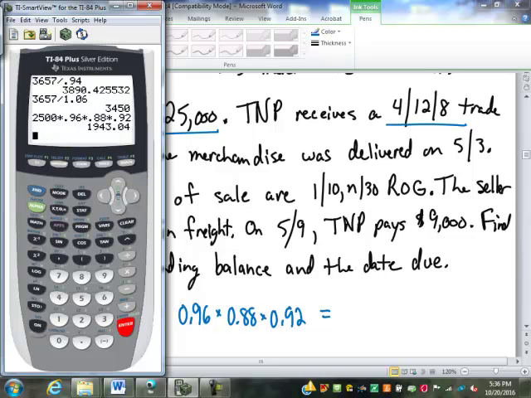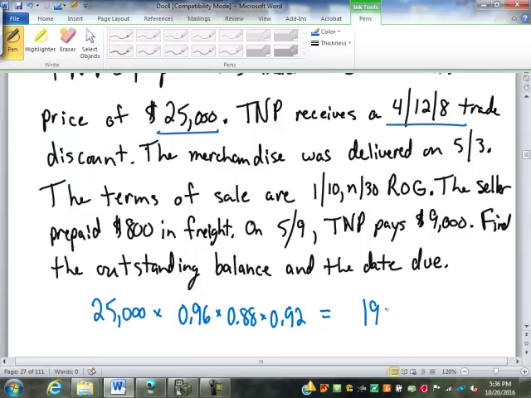Which gives us, oops, I got a 0 missing, $19,430.40, right? That's the amount that goes on the invoice.